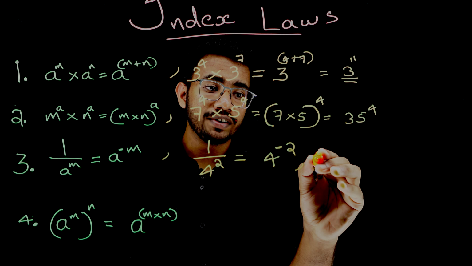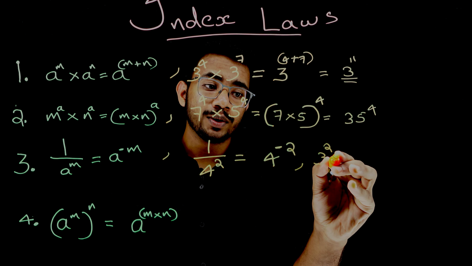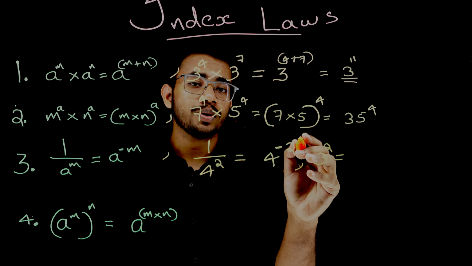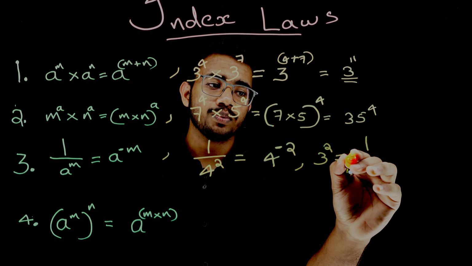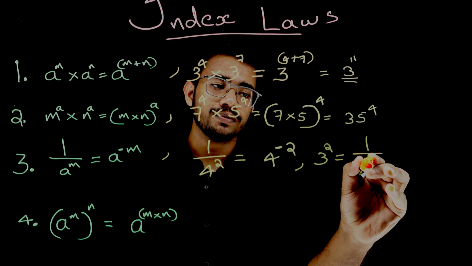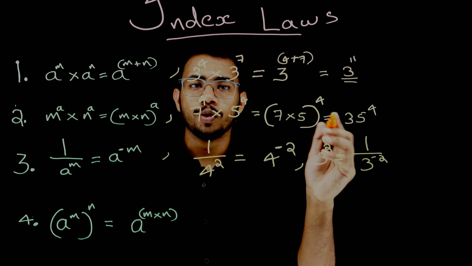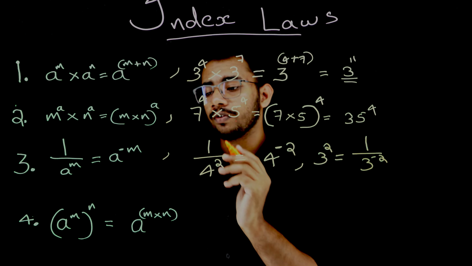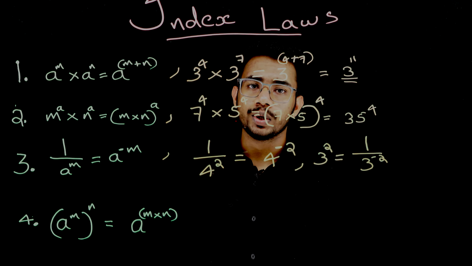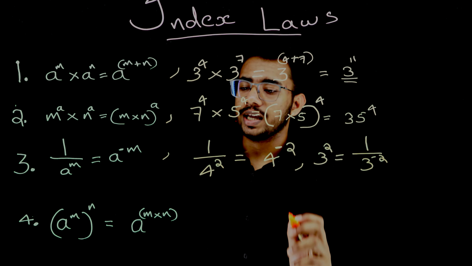And you can also do the opposite. Let's say I am having 3 squared. I can make the 3 squared go to the denominator, and I can write it as 1 by 3 to the power of negative 2. I hope this idea is clear. Now moving on to the last one, that is a to the power of m, the whole to the power of n equal to a to the power of m times n.